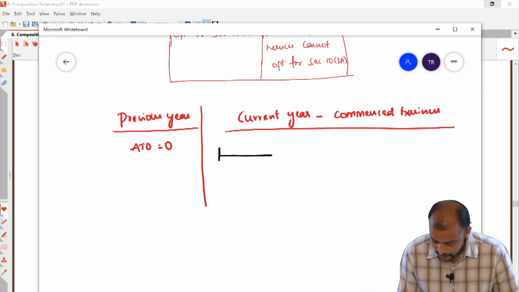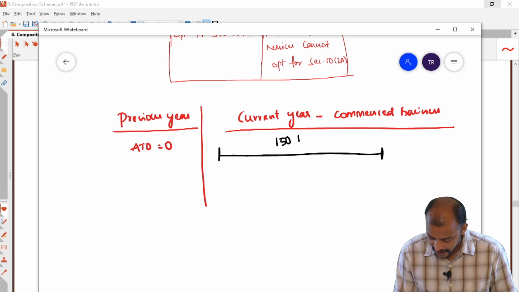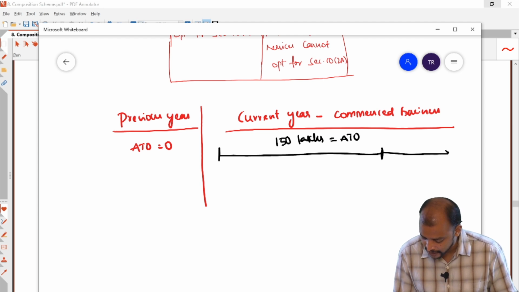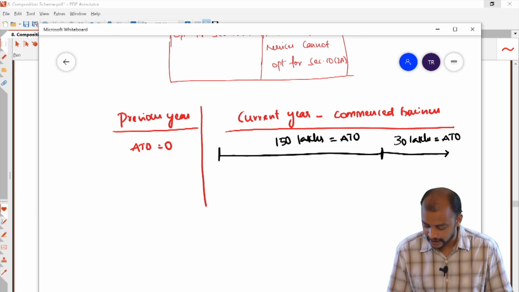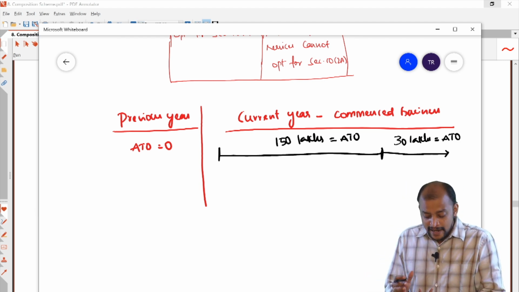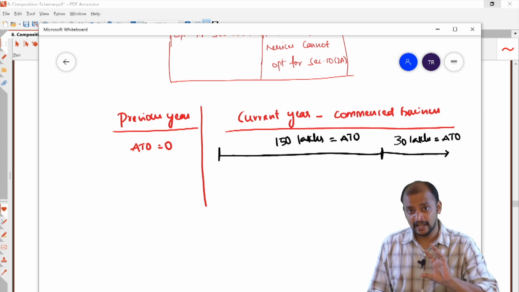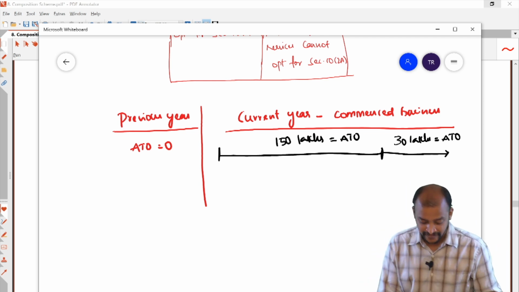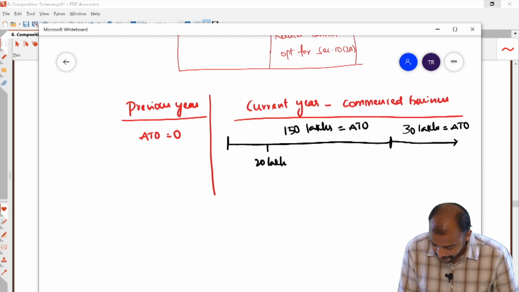So my aggregate turnover should be up to 150 lakhs, this is beyond. Let's take this aggregate turnover as 30 lakhs, ATO 30 lakhs. Now when my aggregate turnover is up to 150 lakhs, up to that only I can pay tax under the composition scheme.